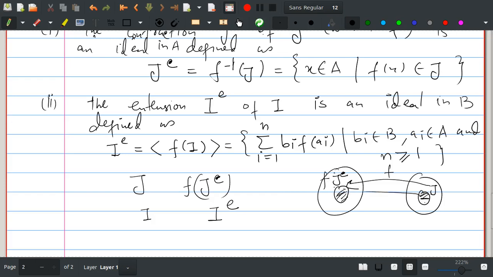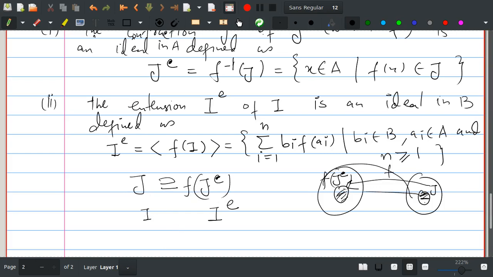So the image of J contracted, that is this shaded part, is always contained in J. That is why J contracted is called the contraction of J.